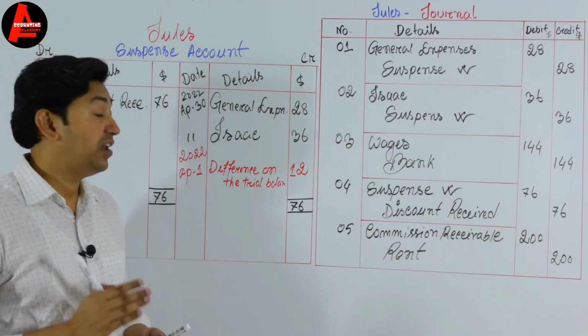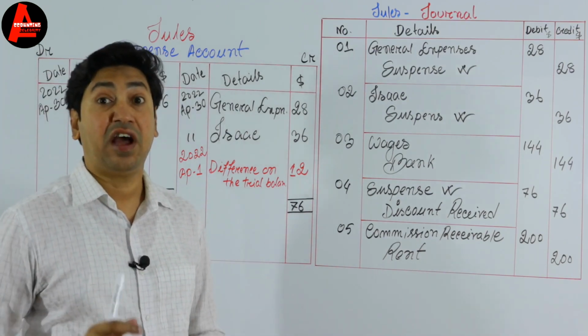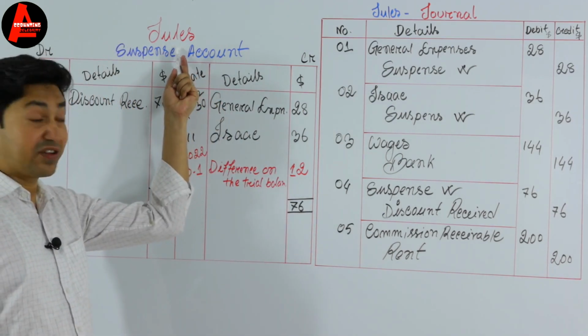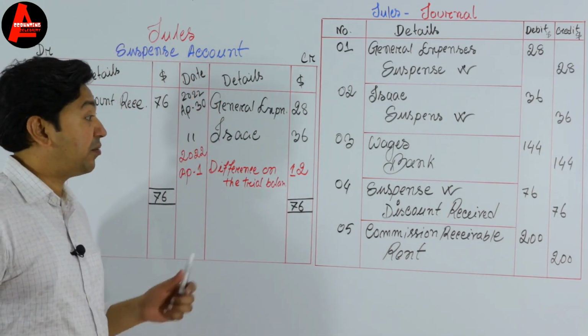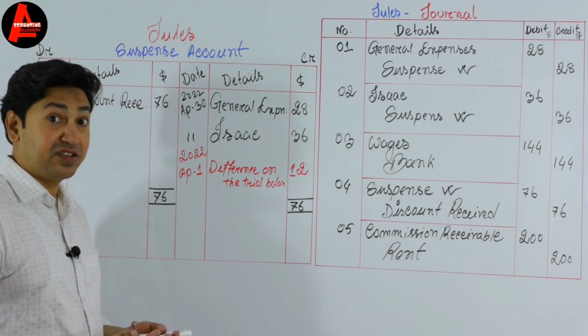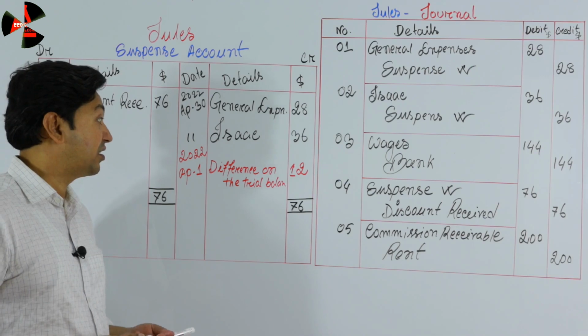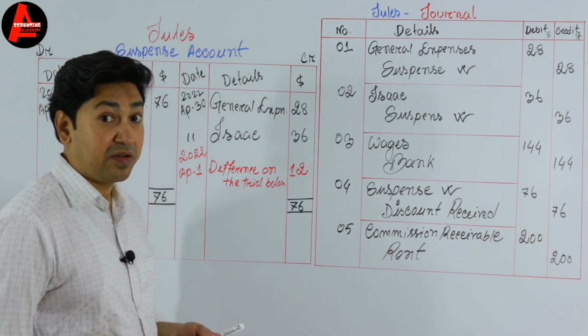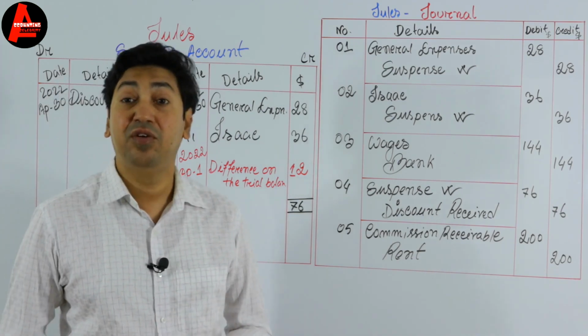So the difference on the trial balance is here $12. What does it mean? It means that all the errors are not yet discovered in Julie's business. Because of this error, for this amount the trial balance won't be balanced. So later Julie has to discover all the errors. Now why is the suspense account prepared? To balance the trial balance temporarily. Why?